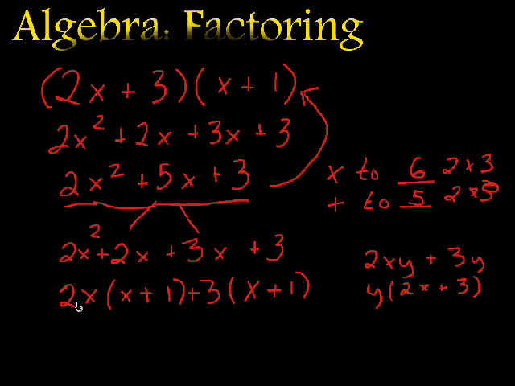So we have the x plus 1 comes out by itself. Even though I'm writing this in backwards, you could easily write this 2x plus 3 times y. The order between going this way or going this way doesn't matter with multiplication.